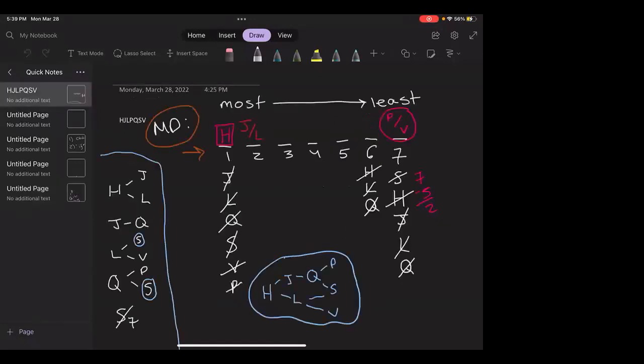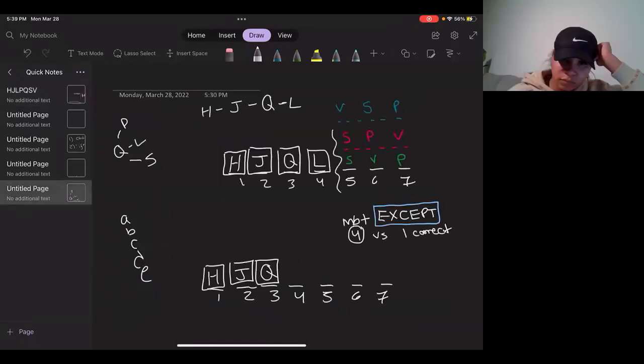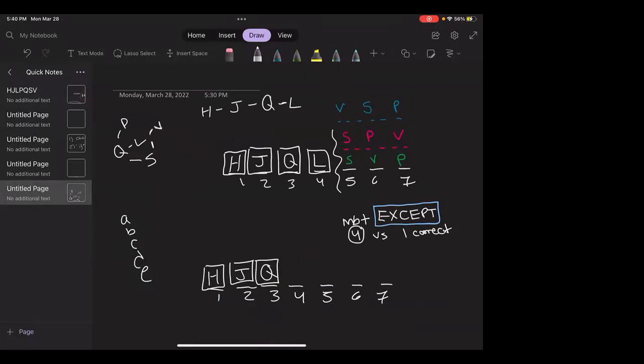And then L is before S and V, right? Okay, so what this means is that L doesn't have to go fourth, but P could go fourth.